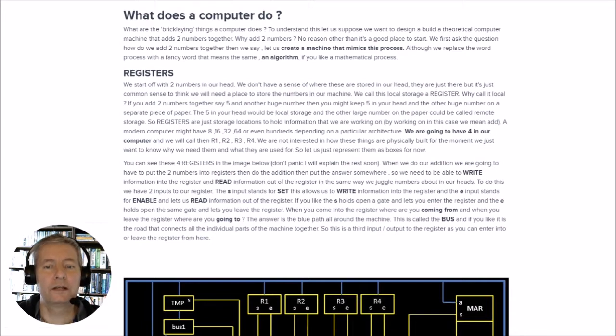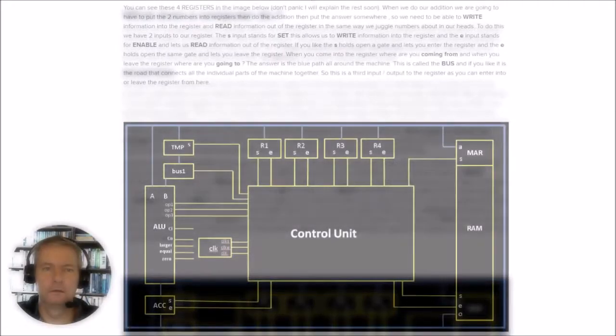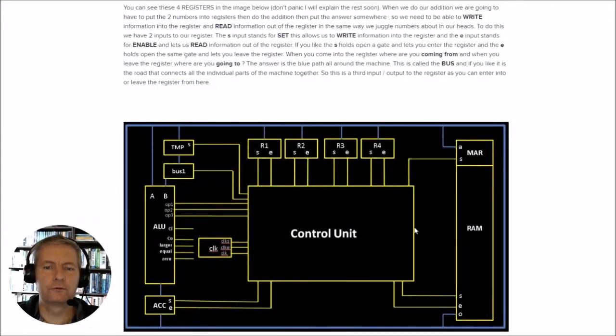Now, we're not interested in how these things are physically built for the moment. We just want to know why we need them and what they're used for. So let us represent them as boxes for now. So you can see the 4 registers in the image opposite. We've got R1, R2, R3 and R4. Now don't worry, we will talk our way through the rest of this image.